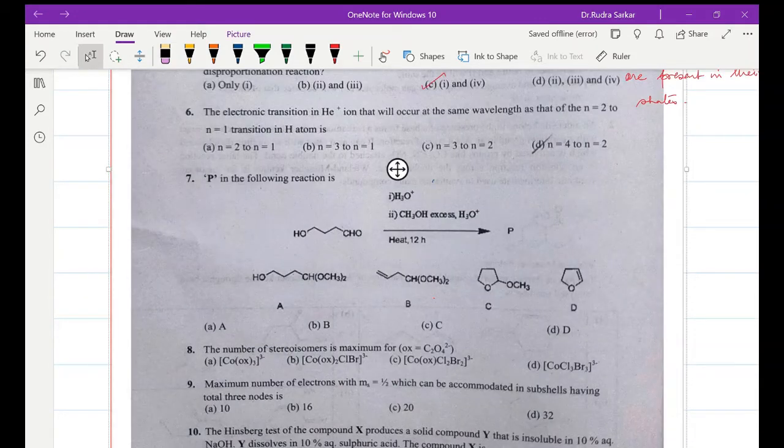Question number 7, P in the following reaction. We have been given basically over here a gamma hydroxyaldehyde, okay, and that is being treated with H3O plus. So over here the aldehyde will undergo protonation, and that will then react with the OH.